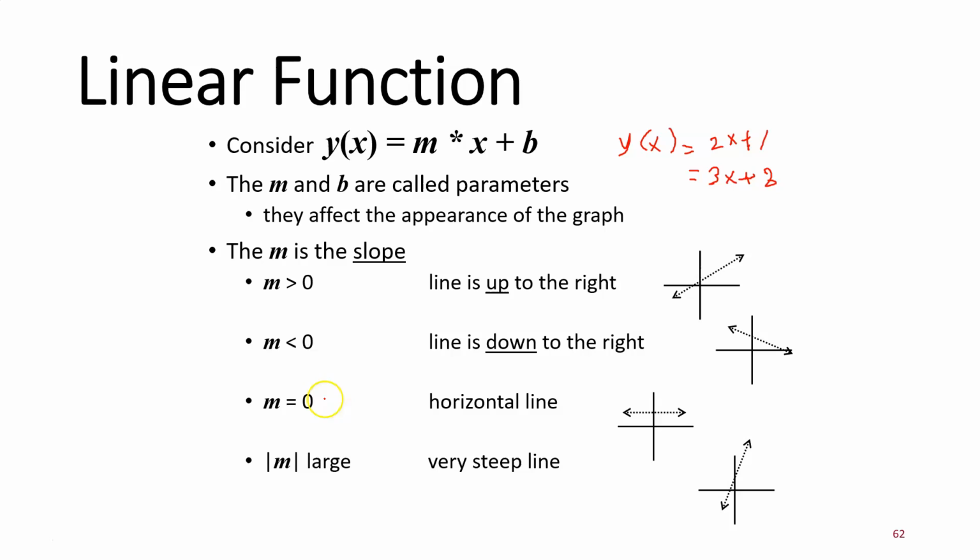When you have slope equal to 0, it means that it is a constant line. Function dia static, tidak bergerak. So tidak ada kecerunan, you have a horizontal line over here. And when you have the absolute value of m large, then we have a very steep line. Sangat curam. Okay, steep line, curam. Macam ni.